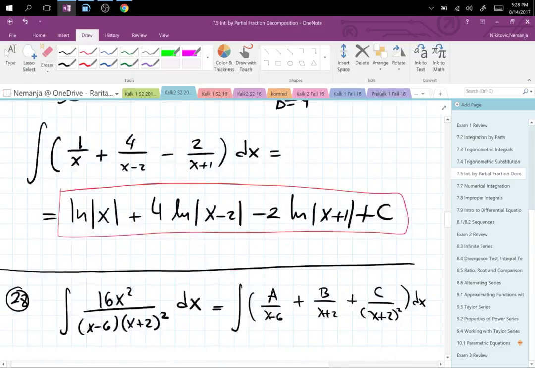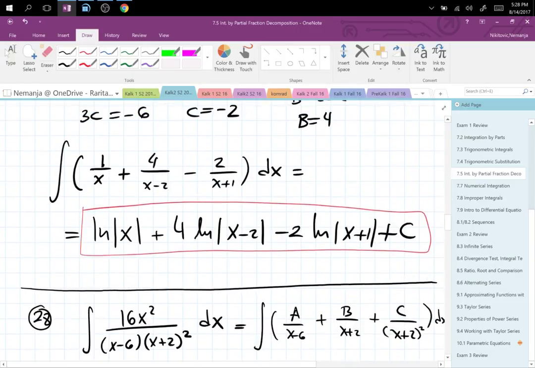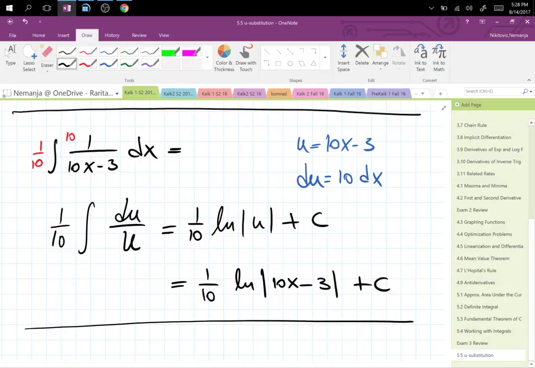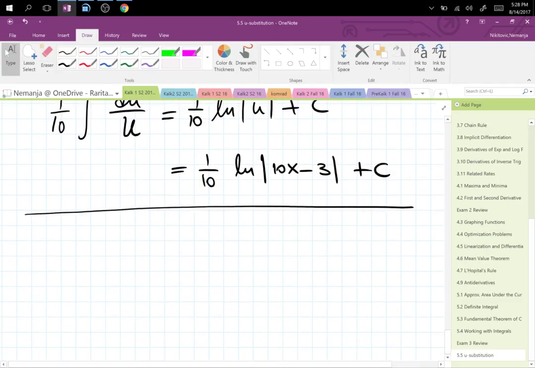So let me just find it right here. You see? You can do u sub on each one of these, or you just know that they all work out to be ln's, which is the thing that you're learning now. So that's why I said, you're not supposed to forget these things, because then later you have to relearn them.